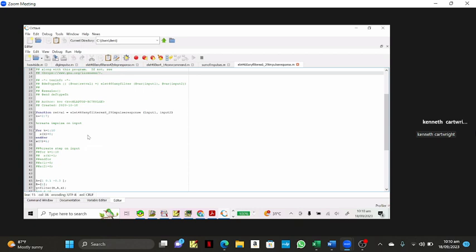X of 1 equals 0, x of 2 equals 0, x of 3 equals 0. Why? Because the impulse response is all zeros, except for where? Line 34 takes care of that. It says the first entry is 1. So now line 31 to 34 is declaring an impulse. Any questions about that?